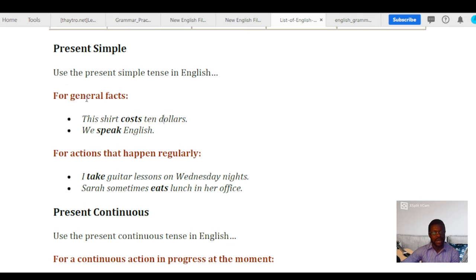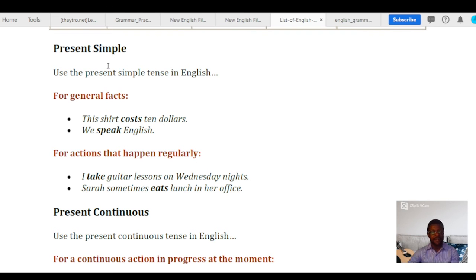We use it to talk about what? General facts, things that are generally true. Say, the sun rises in the east. Every morning when you go out and look up to the sky, you see the sun, a big ball coming out from somewhere. That place it is coming out from is the east. We'll talk about the four cardinal points, the north and the south, the east and west.